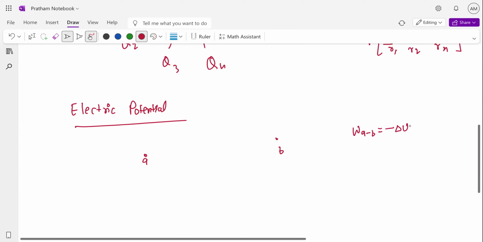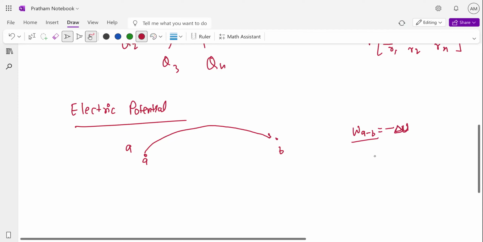Is that clear? So let me repeat. I had two charges, and I'm displacing this from point A to point B. When electric force is working, I mean a conservative force is working, and the work done by a conservative force is nothing but the change in total potential energy.